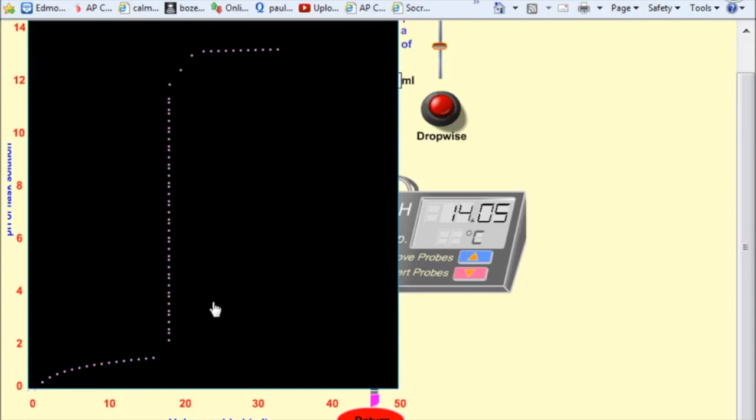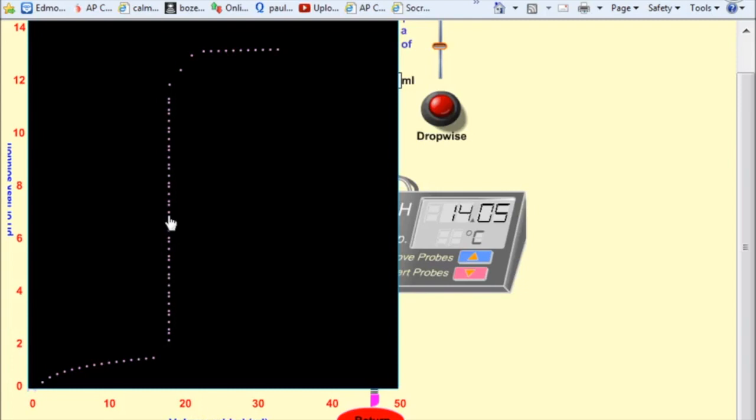Okay, so we start at a low pH. As you keep on adding base, the pH will increase, and if you measure that straight line and go exactly halfway along it, that will be your equivalence point.